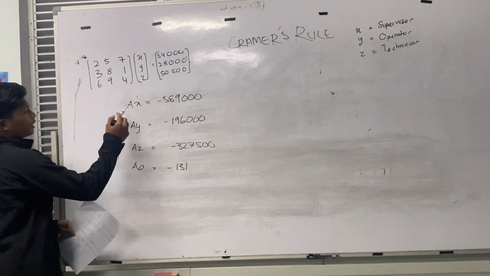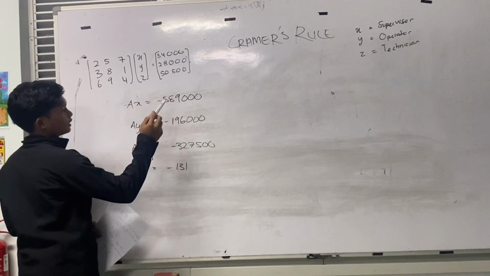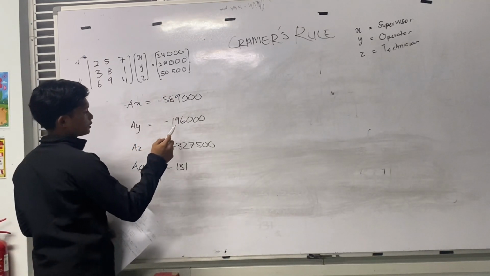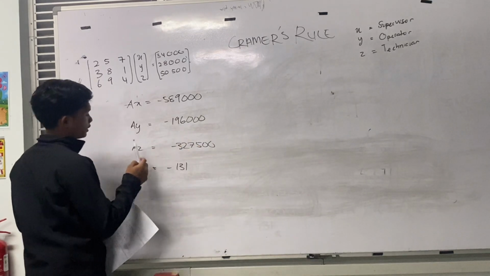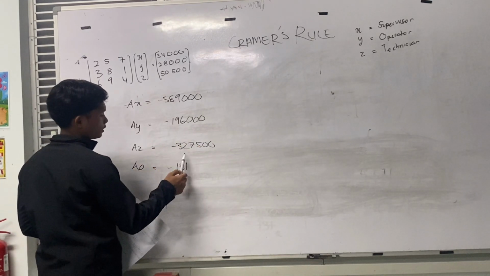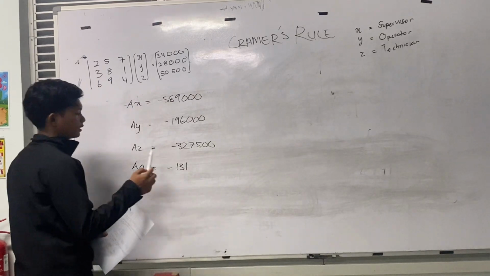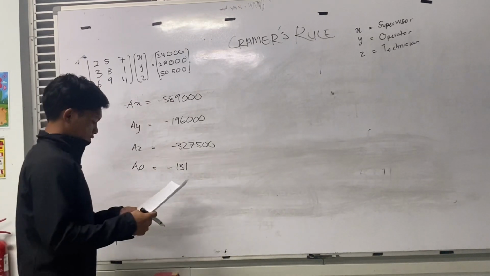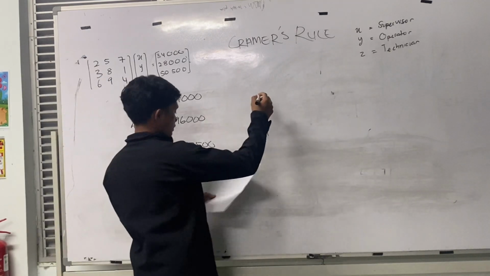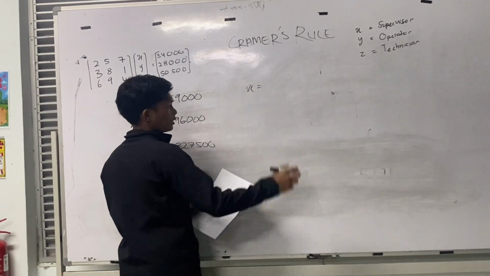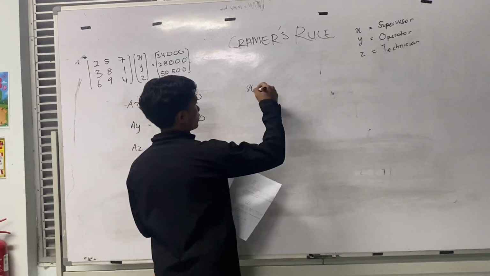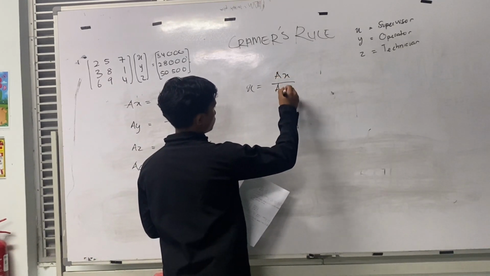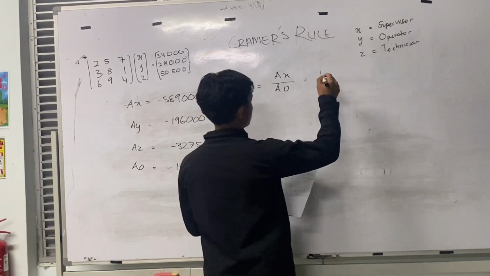For the last step, here we will get AX negative 589,500, AY negative 196,500, AZ negative 327,500, and AO negative 131. So we convert it into the formula. How do we get the X? X will be AX divided by AO. So just put it into the formula.